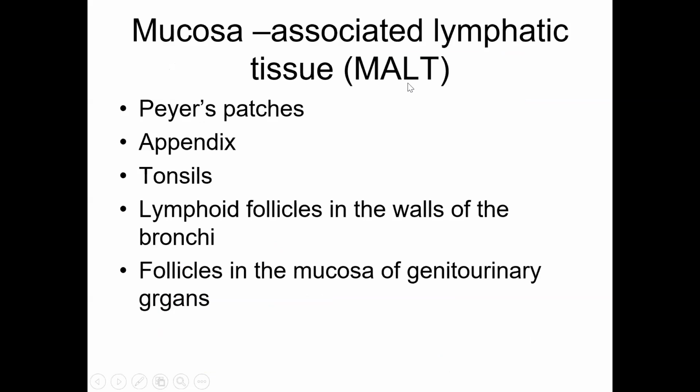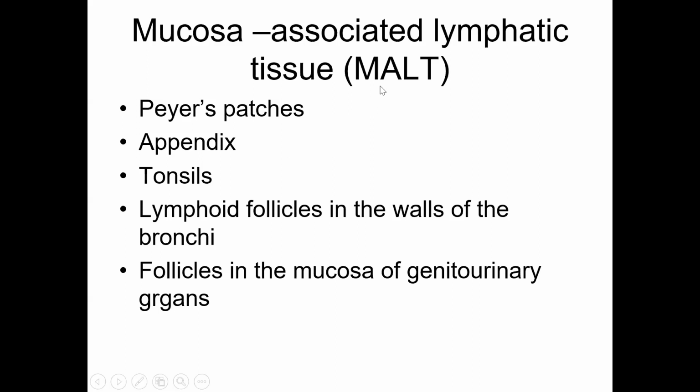Okay, next part is a lymphoid organ called mucosa associated lymphatic tissue. It's just the lymphatic tissue associated with a mucosa membrane. If you remember, mucosa membrane is made by epithelial tissue and areolar connective tissue.